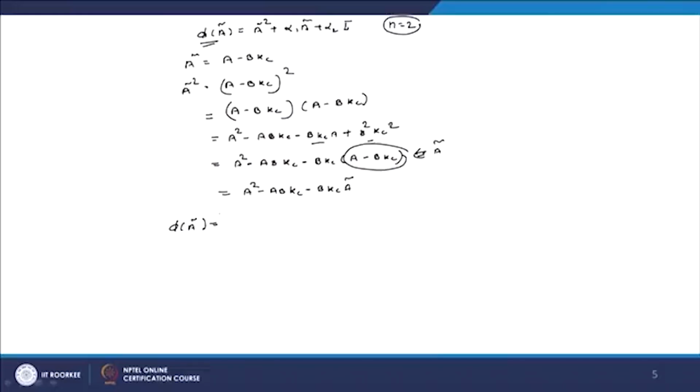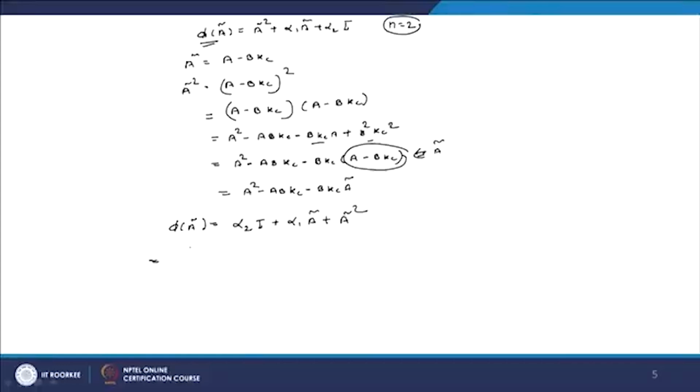So here phi of A bar is equal to alpha 2 into I plus alpha 1 into A bar plus A bar square. A bar we know is A minus B Kc, that is our desired system that we get after the controller comes into existence.